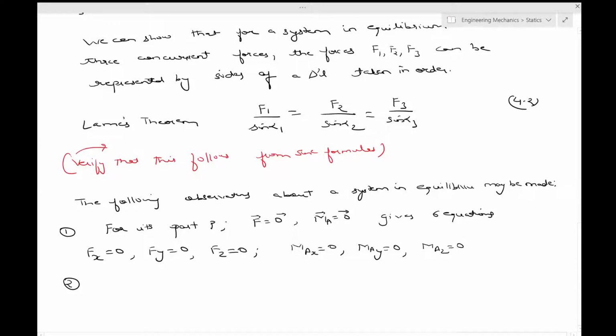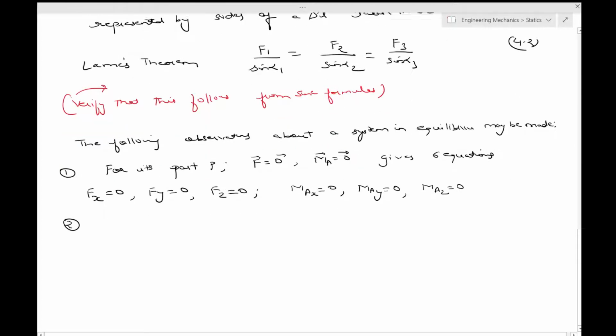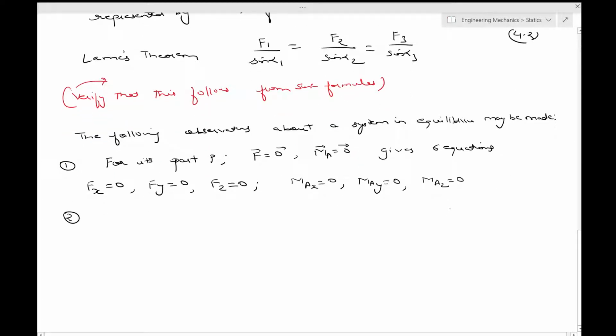Okay, so let's first draw our diagram and see what this is.